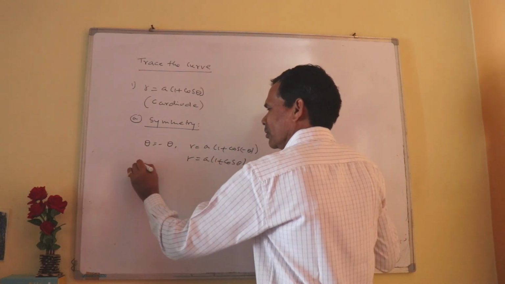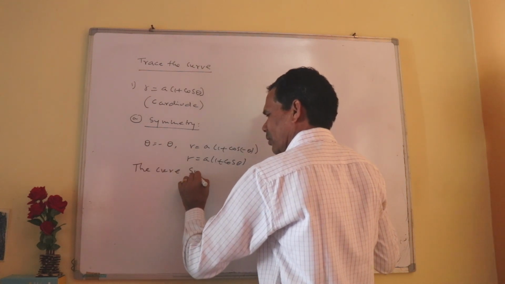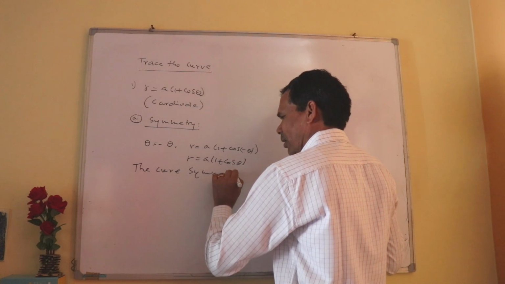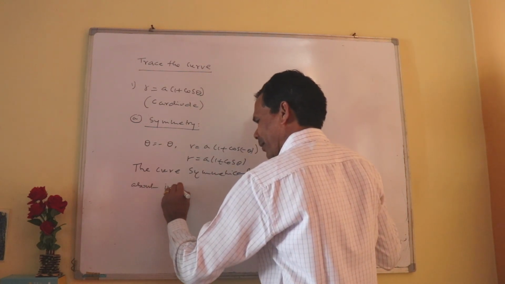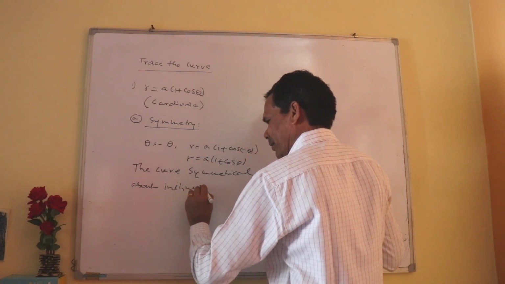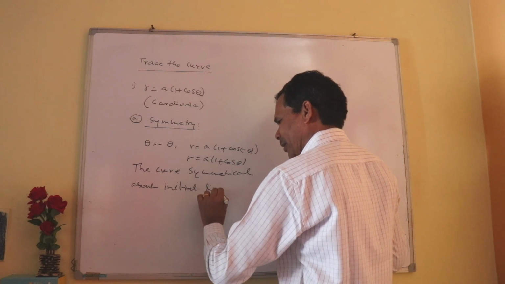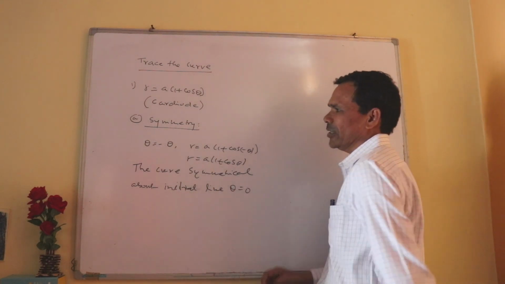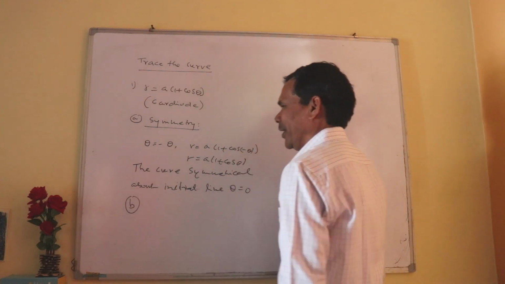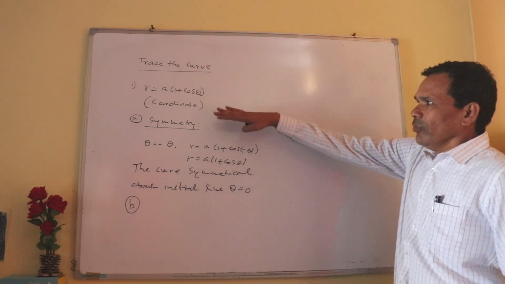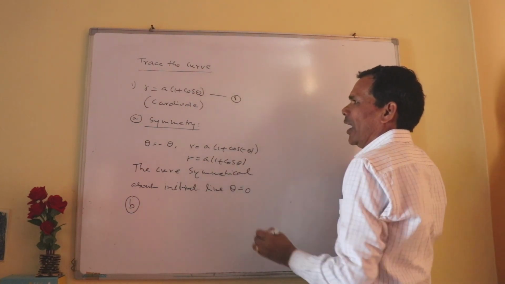So the curve is symmetrical about the initial line theta is equal to 0. That's all.